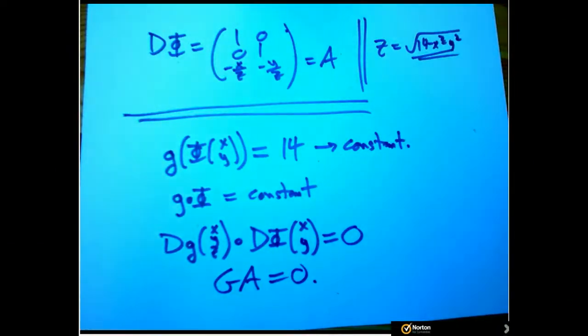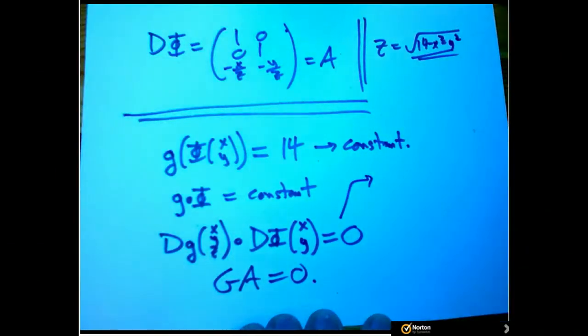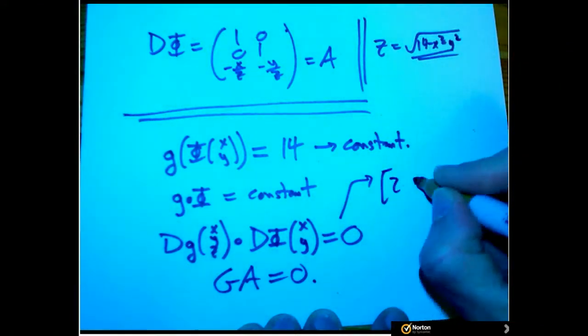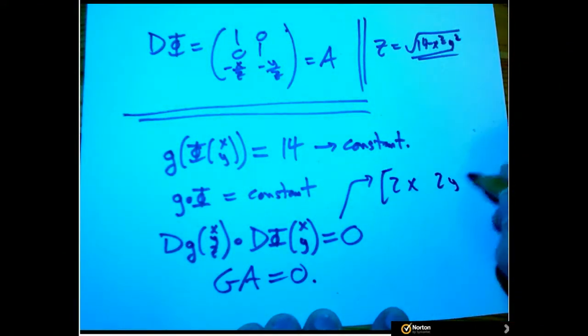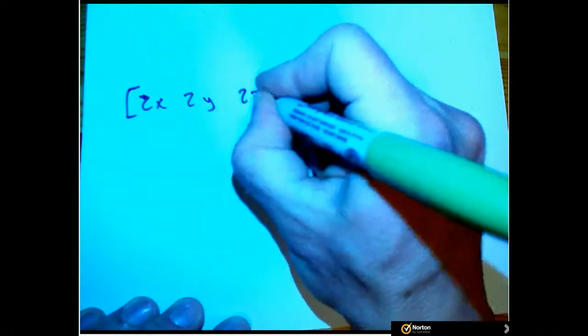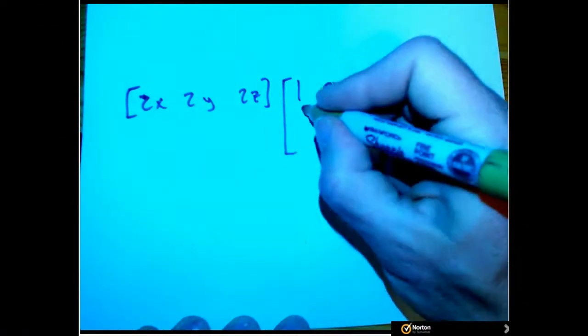Alrighty, so let's check that. Let's not trust it too much, because we have these matrices written out. We know that dG is 2x, 2y, 2z. I need enough space to multiply them together. And then here's d phi.